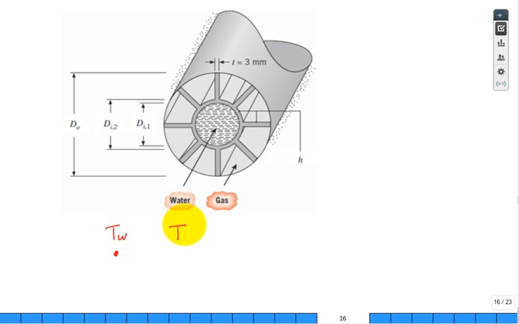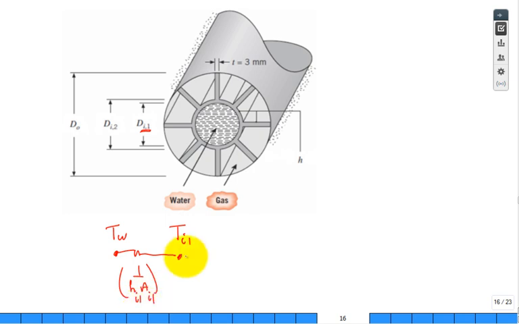I have the temperature at the inside, using this notation, inside 1. And how does it go from the water, the mean temperature of the water being, what was it, 300 Kelvin, to an unknown wall temperature, the inside surface? Well, it's a 1 over hA. It's a convection. That 1 over hA would be for the inside 1.